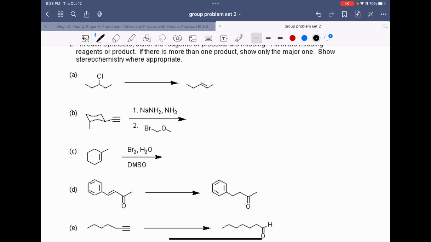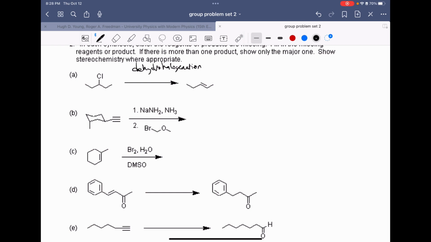So this is the process of dehydrohalogenation. And it does exactly that. It replaces the site of a halogen with a double bond.